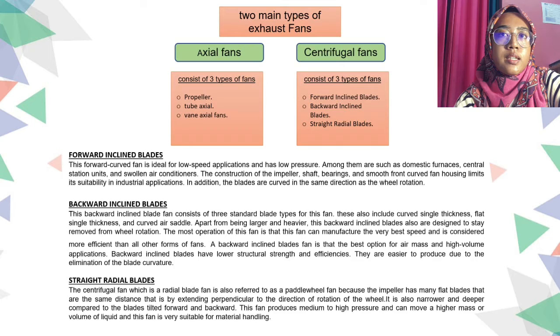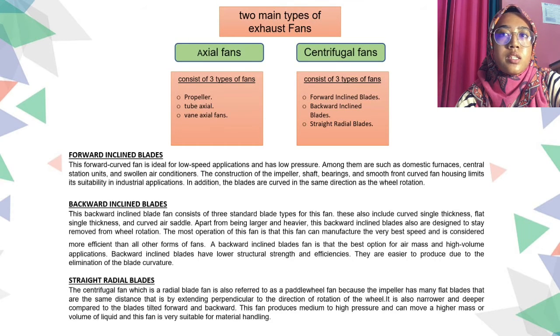For backward inclined blades, the fan consists of three standard blade types. This fan also includes curved single thickness and curved airfoil. Apart from being large and heavier, this backward inclined blade is also designed to stay away from wheel rotation.